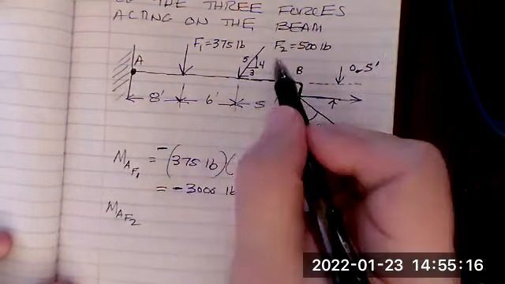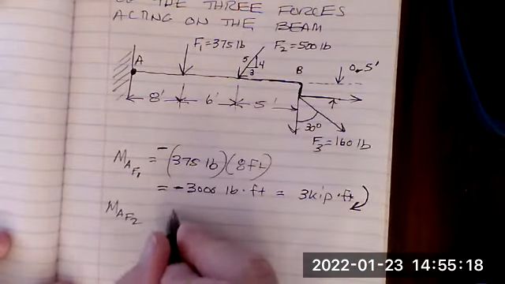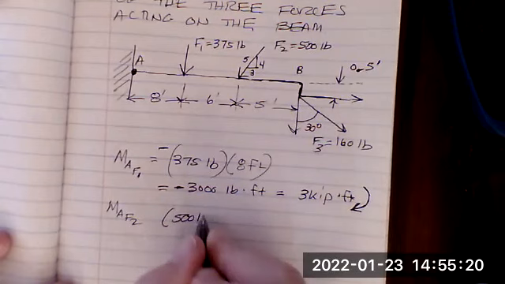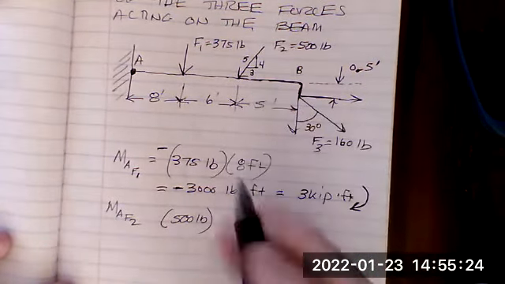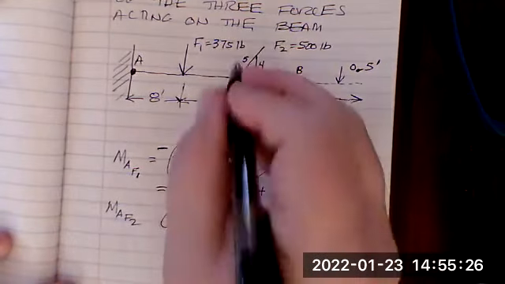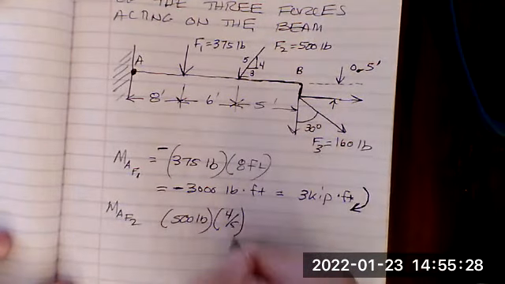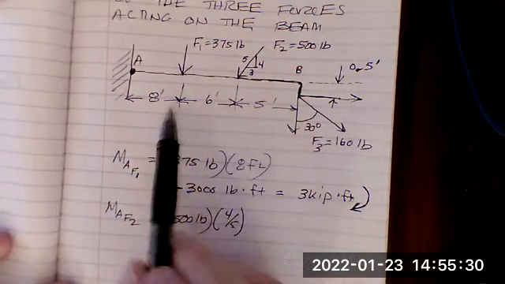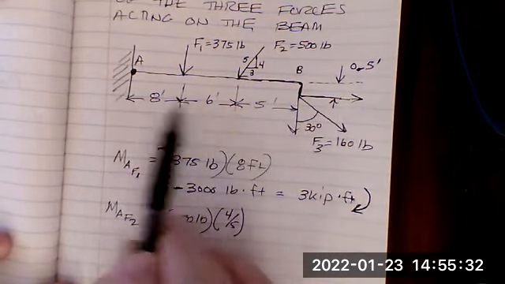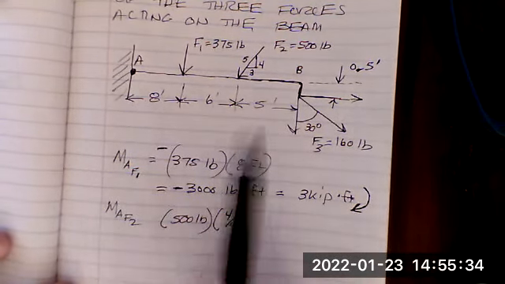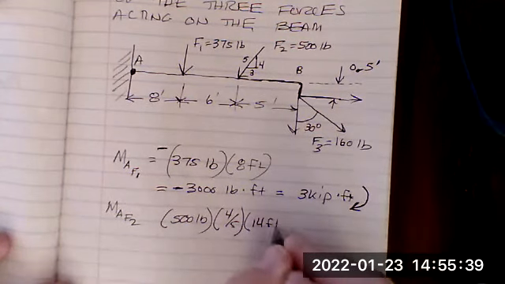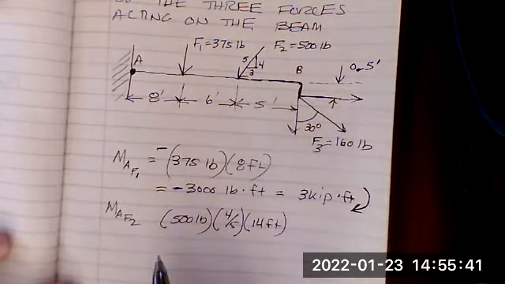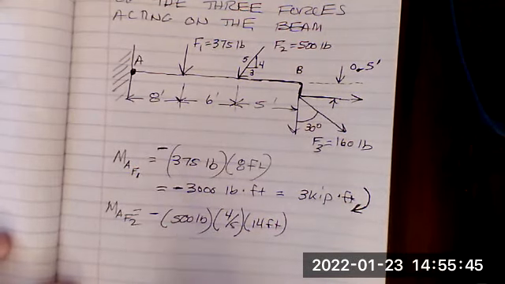It's 500 pounds times 4 over 5, the leg parallel to the vertical component, times this moment arm. You have to add the 8 and the 6 together to get the moment arm, so it's 14 feet. It's going to be negative because it's causing clockwise rotation.